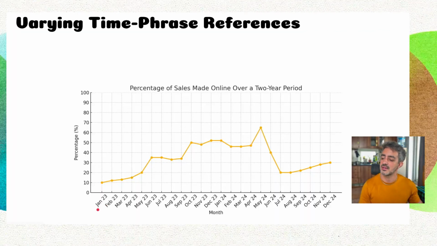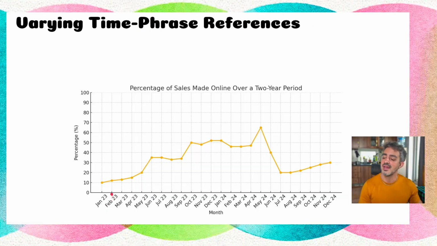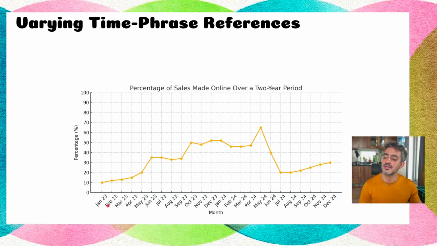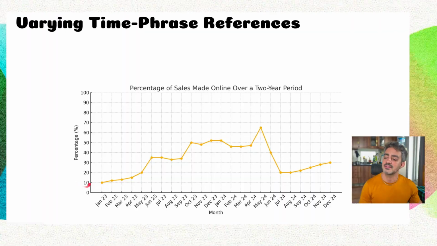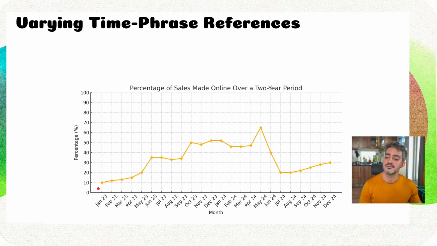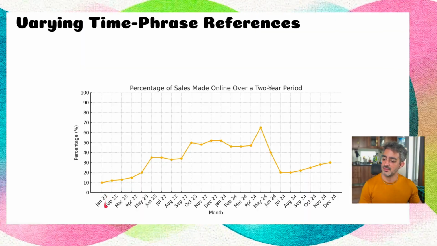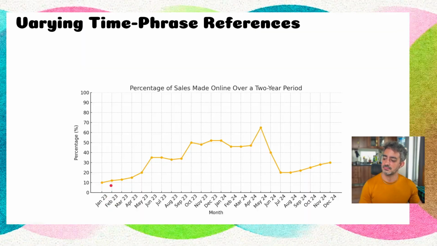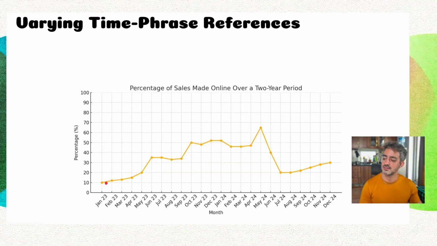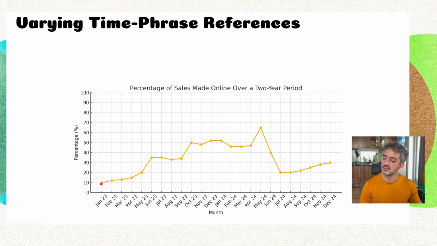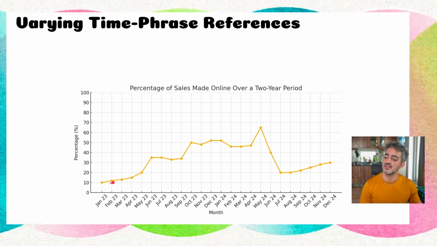So if I wanted to just start you off here, I would say, okay, well, let's start on the left. In January 2023, I see that 10% of sales were made online. Okay. And then what happened in February 2023? It looks like sales rose slightly, just a small increase, right?